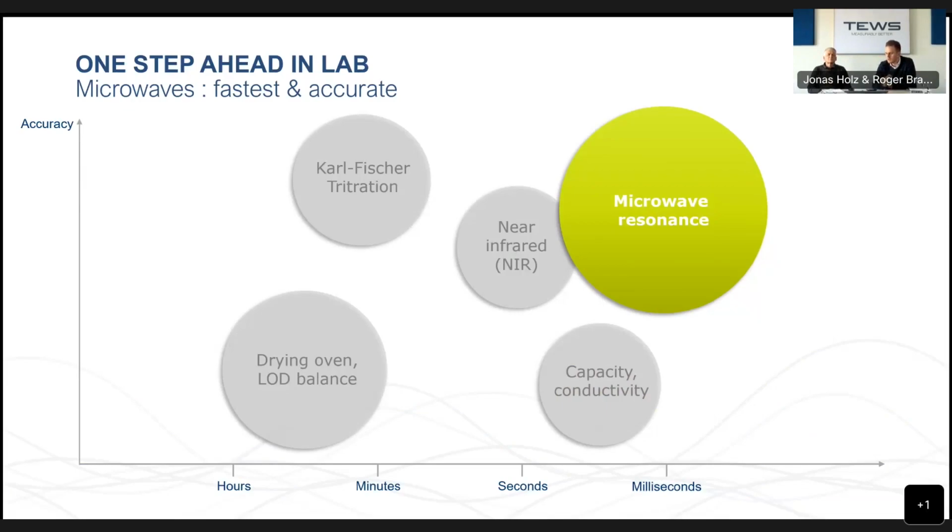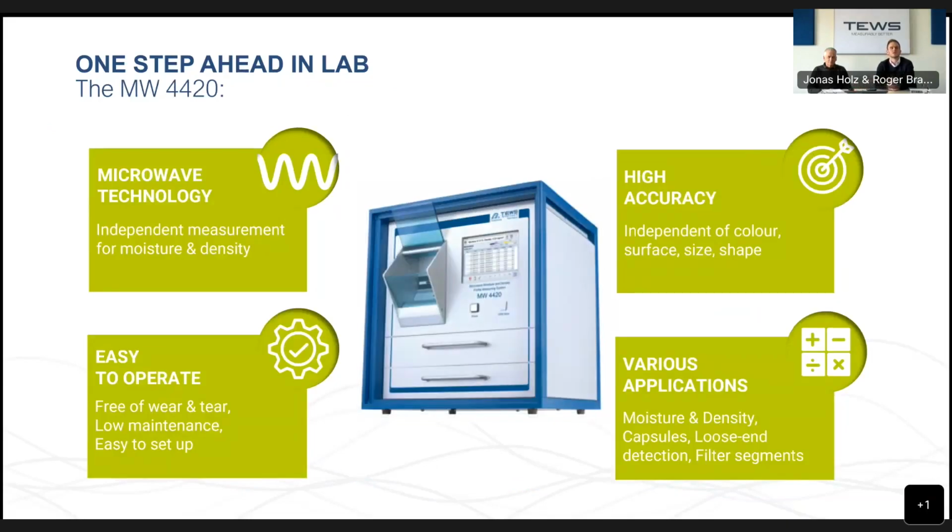Before Roger continues with showing you our device and how to use it, I want to quickly take a look at the device itself. So the MW4420, as you can see here in the middle, is one of our laboratory devices.